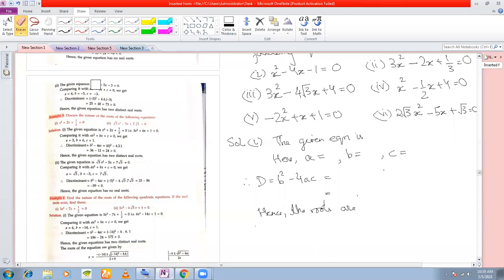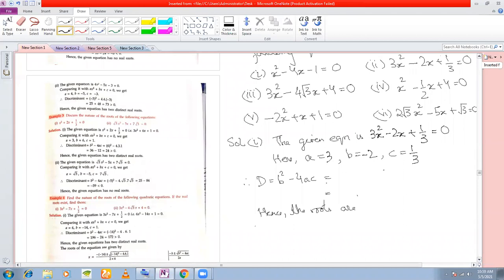The given equation here is 3x square minus 2x plus 1/3 is equal to 0. Okay, this is already in the form ax square plus bx plus c. So coefficient of x square here is 3, so a must be equal to 3. Coefficient of x is minus 2, so b is minus 2, and the constant term here is 1/3, so c is equal to 1/3.